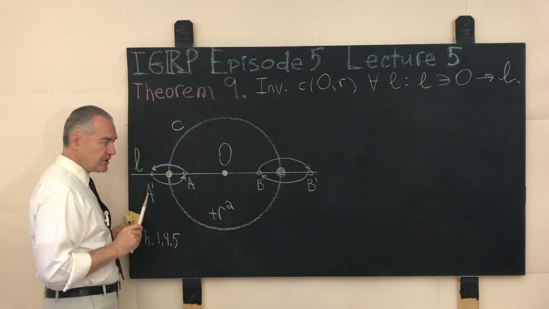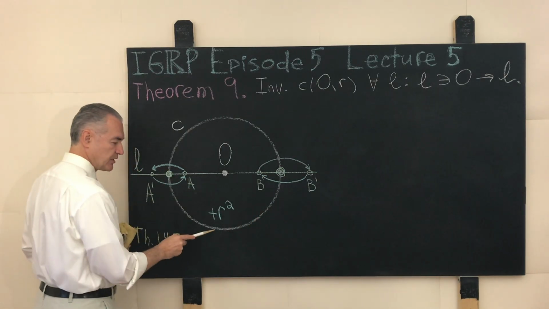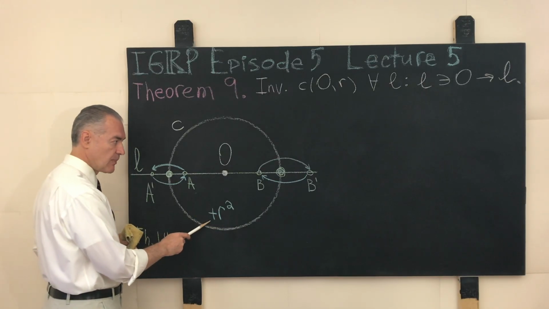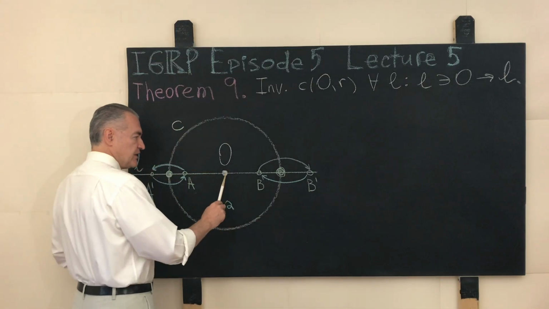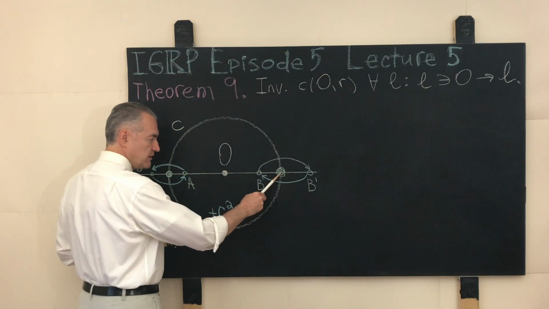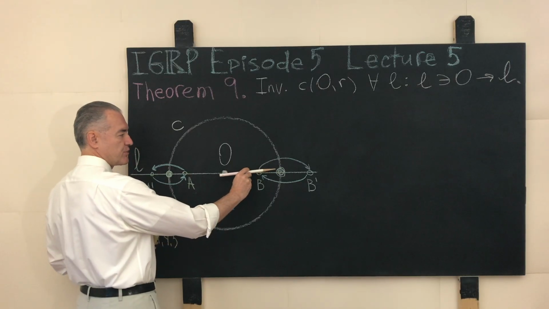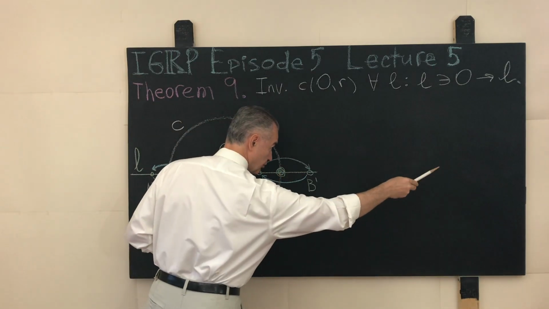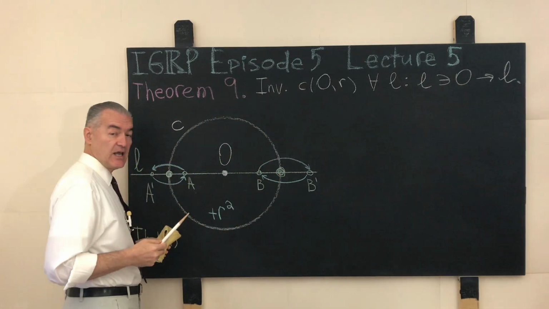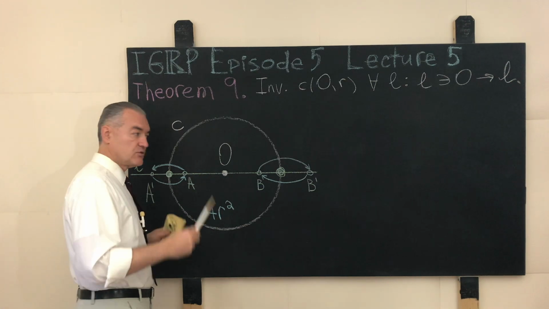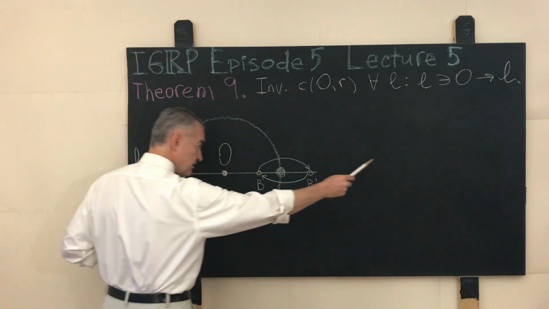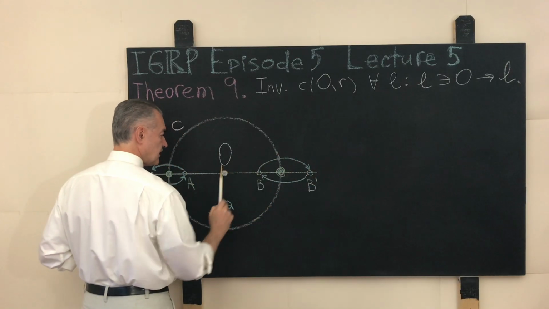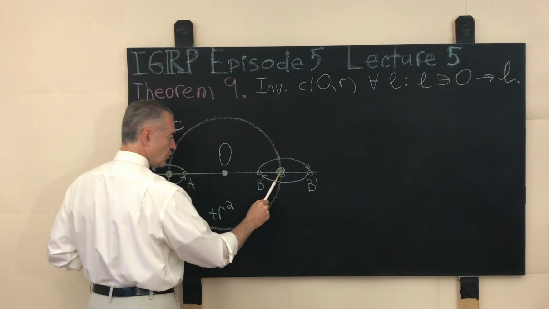Here, intuitively speaking, under the inversion of the parent plane with respect to a circle with positive power, again, we're discussing positive power right now. Intuitively speaking, the radius OY, let's say, is mapped or thrown outside of the circle into the ray Y to the point at infinity, and conversely, anything logically speaking to the right of the point at infinity that runs up to this point Y is mapped into the radius OY.